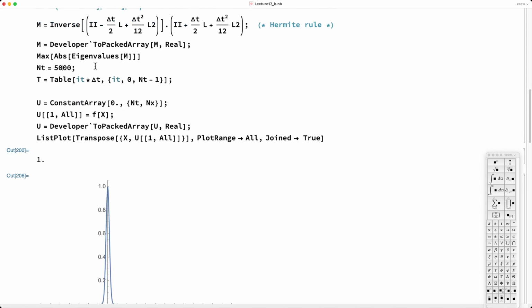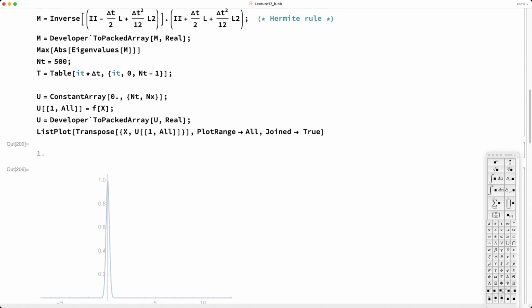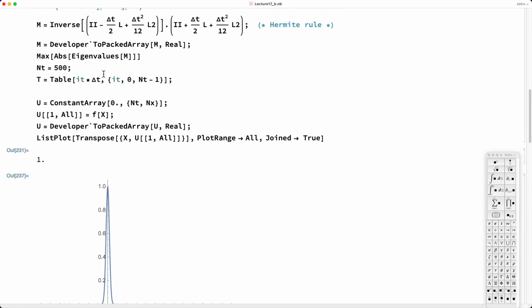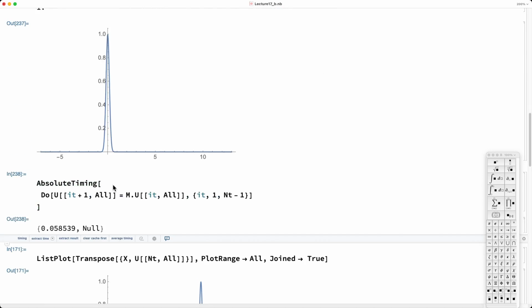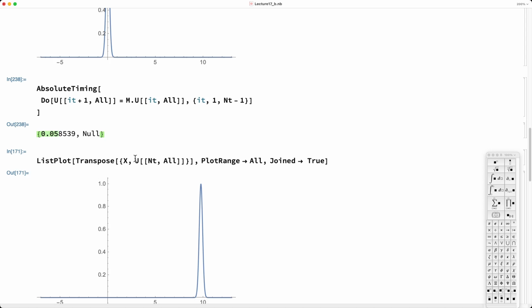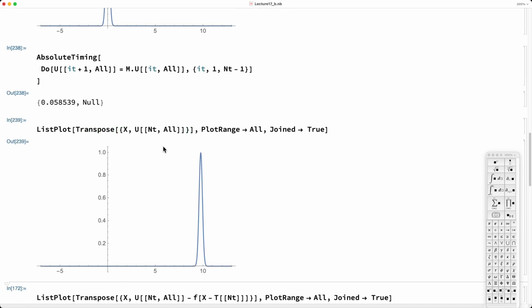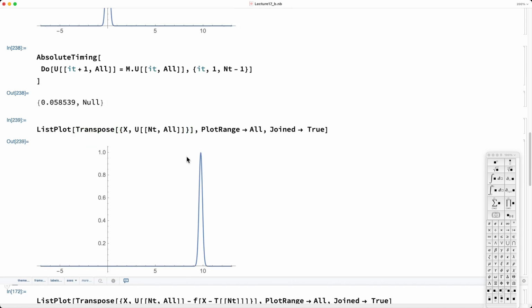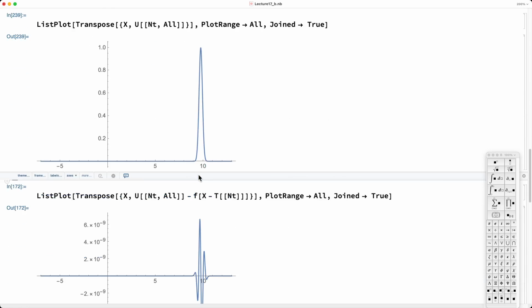And now I have to reduce that to 500, and now the code ran in only 0.05 seconds, and it propagated to the same point, so the final time is the same, but we got there much faster.